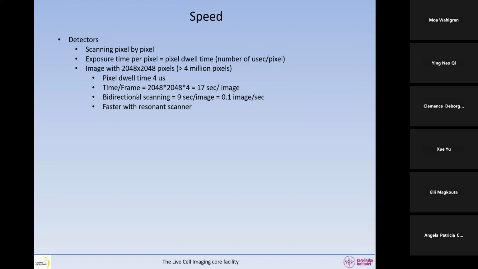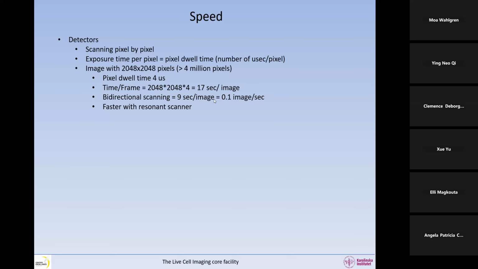And so we can help this by using bidirectional scanning. Anyone who has a single point confocal can choose the number of pixels and change the pixel dwell time, and in some software like Zeiss, this is called the speed. But when you change the speed, you will see somewhere the pixel dwell time is written, and you will see what it is.